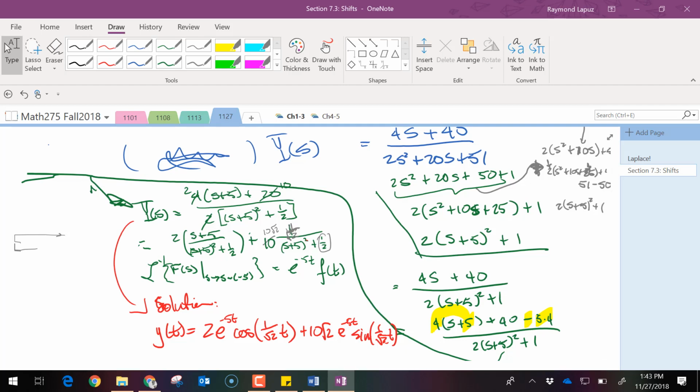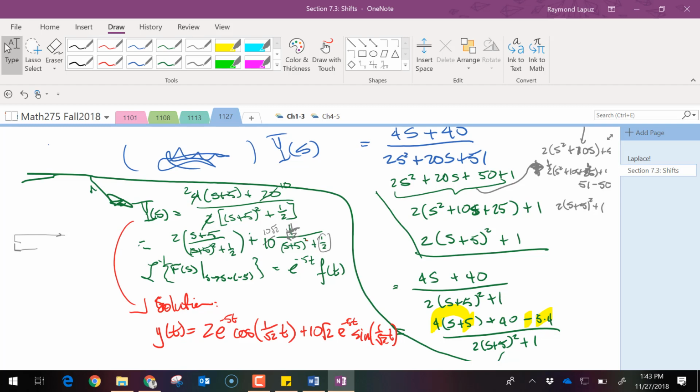All right. So this is a translation in the s. Because they specify this translation in the s, it must be a translation in the t. Translations, by the way, are the easiest ones to deal with because that's like e to the some power.